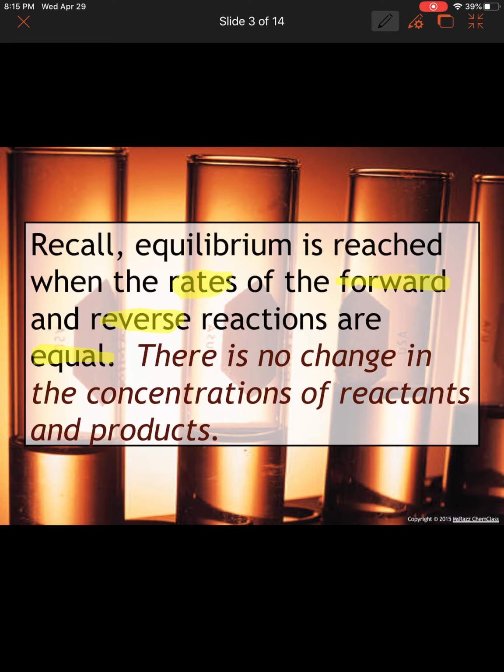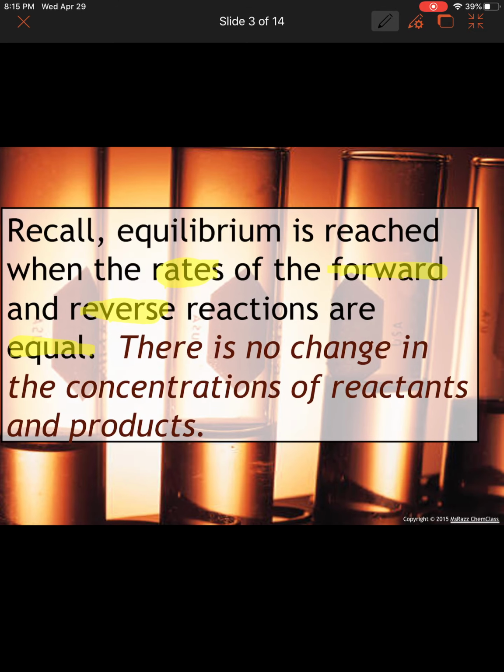We are talking about the rates, the change in molarity over unit time, which is usually seconds, the change in molarity per second. So the rate of your reactants being converted to products and the rate of your products being broken down back into your reactants are equal, which means there is no change in the concentration of reactants and products.